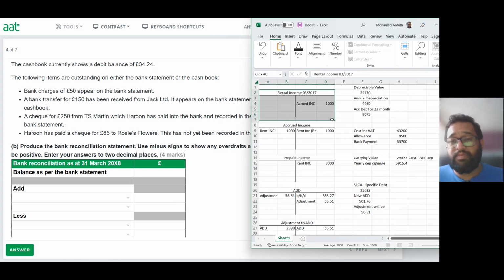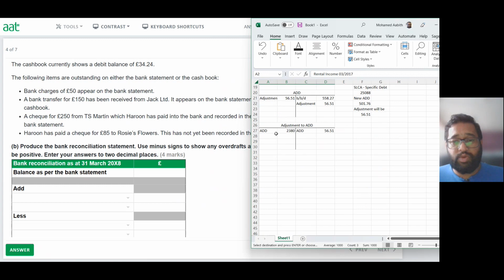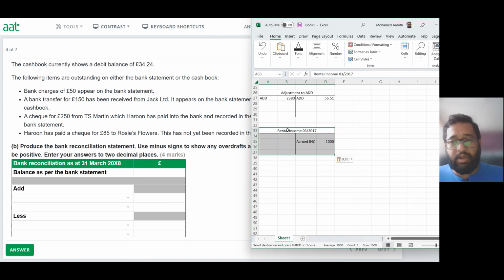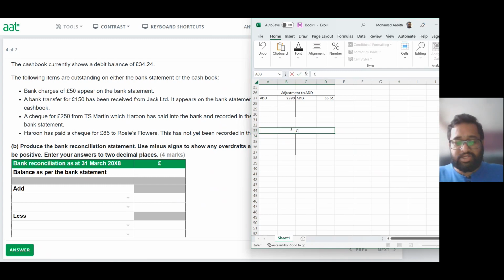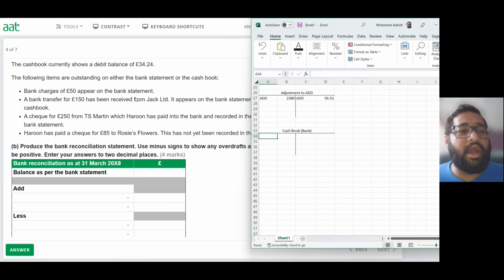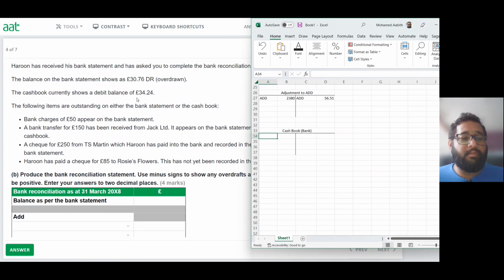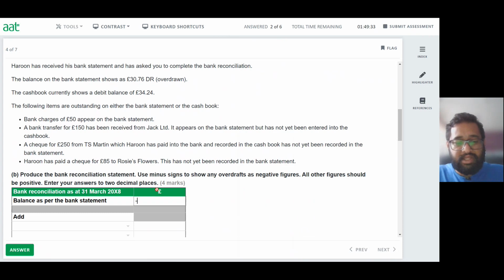So here I'm going to just bring this here, copy this one, do a T account here. This time it's going to say my cash book bank column. Okay, so this is my bank account, put it that way. So here, according to my entries, my bank reconciliation bank statement value was minus £30.76.